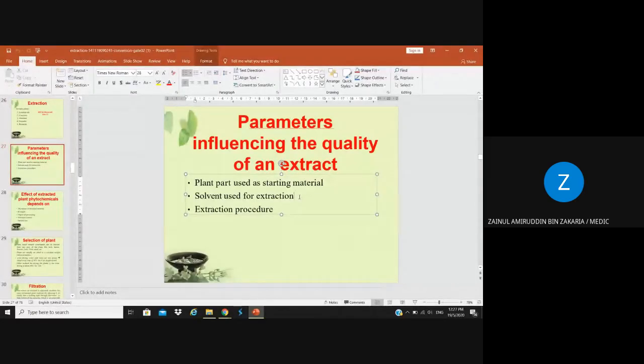And then the second is the solvent used for extraction, which will also affect the quality. Sometimes the plant is effective, for example, to treat diabetes.